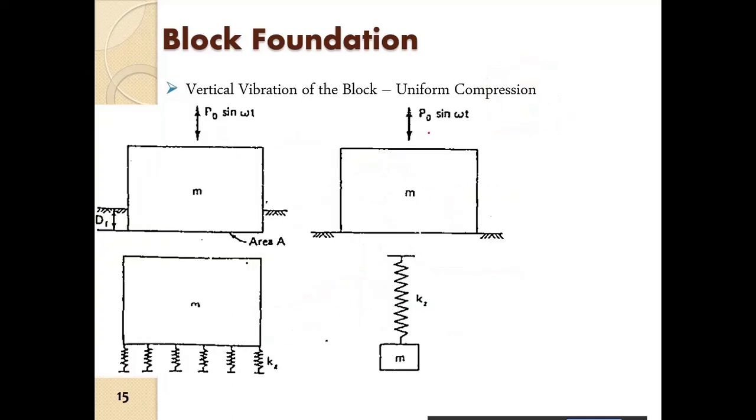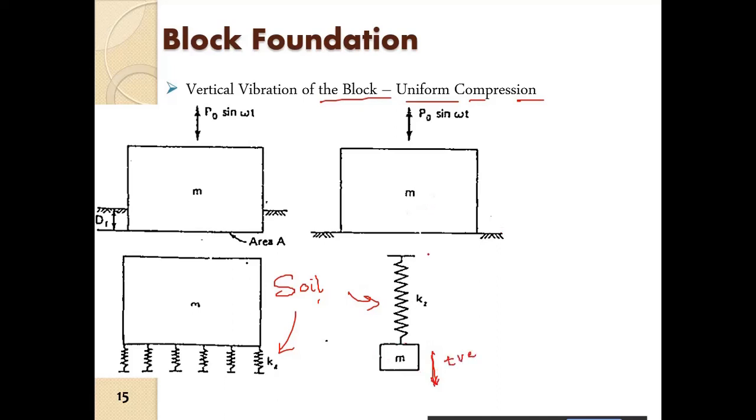Now we have to analyze the foundation system, basically how the foundation system will move. We start from the vertical vibration of the block, so uniform compression. The soil is assumed to be composed of a spring, and ultimately we can approximate this entire system as a spring and a mass, and we can consider the downward direction to be positive.